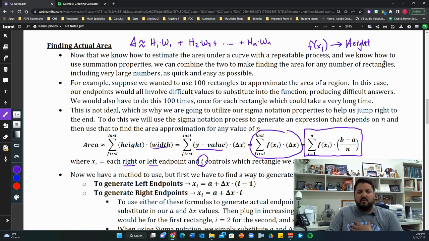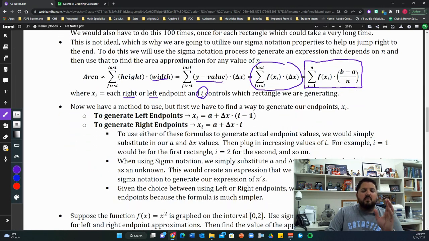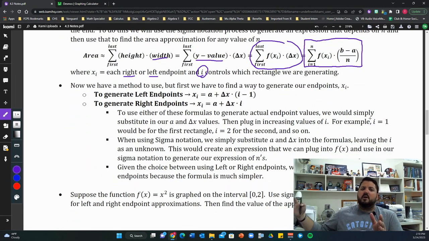Now, what we have to go through is a little bit of a process on mathematically representing all of those different endpoints. If you remember, the way that we generated that list of endpoints, it was all dictated by a and then your delta x values.